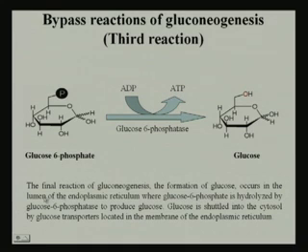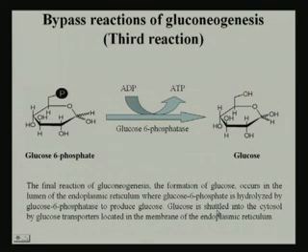Now, the final reaction of gluconeogenesis is the formation of glucose, which occurs in the lumen of the endoplasmic reticulum, where glucose 6-phosphate is hydrolyzed by the glucose 6-phosphatase enzyme, and glucose is produced as the final product.